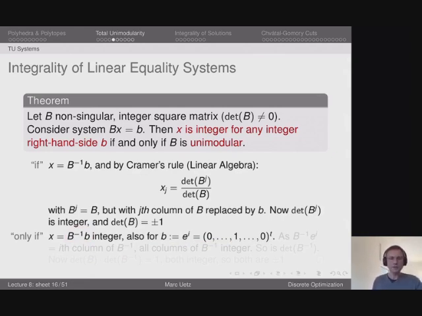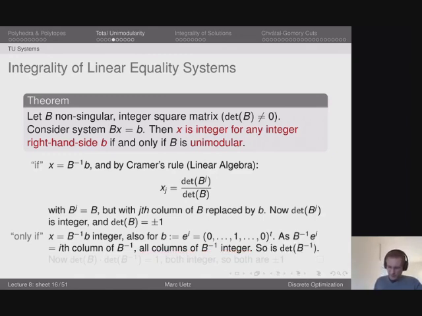That is just going to be the ith column of the inverse matrix. So B to the minus 1 times the ith unit vector gives me just the ith column of this inverse matrix. That means, by assumption, this x is an integer vector, and that means that all the columns of the inverse of this matrix B are going to be integer vectors.